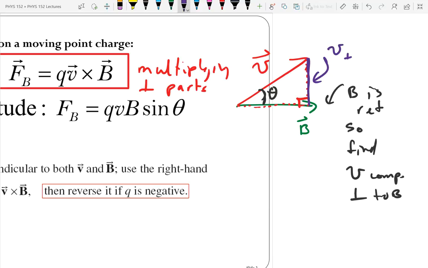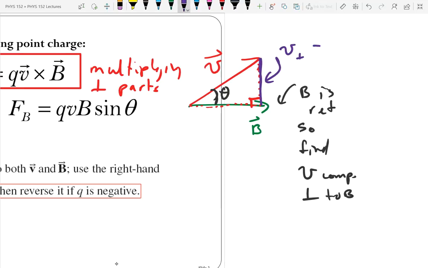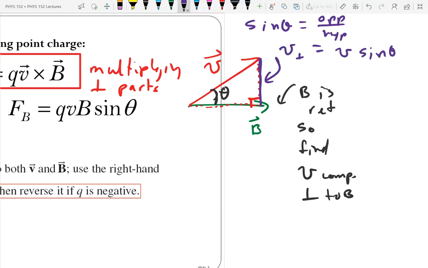And so if I have a right triangle, the hypotenuse is V, and angle theta between the hypotenuse and the adjacent side, how do I find the opposite side? This is something you've been doing all semester now, so it should come second nature. What trig function relates hypotenuse with opposite? Sine. Since sine of the angle is equal to opposite over hypotenuse, then the opposite is equal to hypotenuse times sine theta, so that'd be V sine theta.